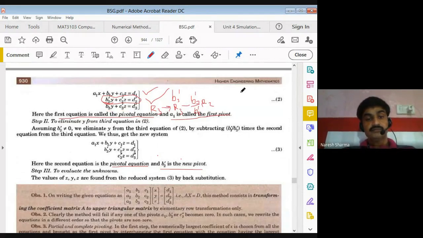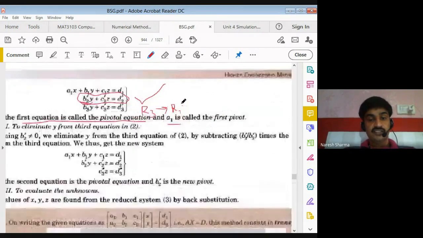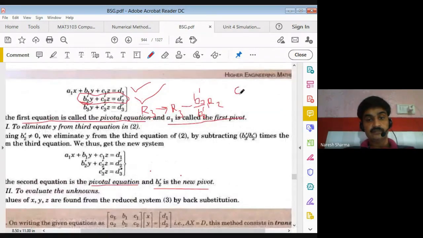And at this position you can use the same formula, that is here it is C3 minus B3 dash, B2 dash, and C2 dash.